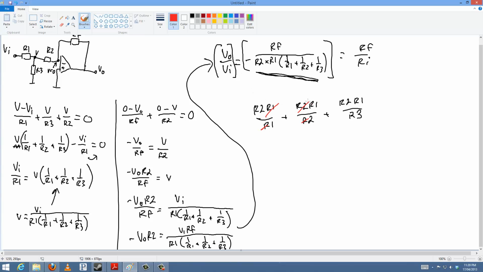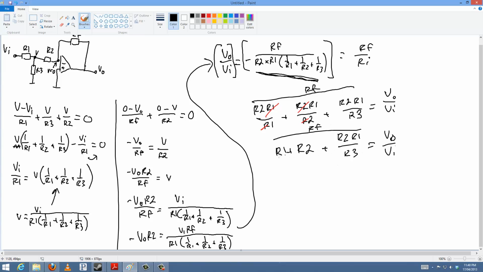This and this cancels, this and this cancels. Equals VO on VI. And then we get R1 plus R2 plus R2 R1 on R3, all on RF. Sorry. VO on VI.